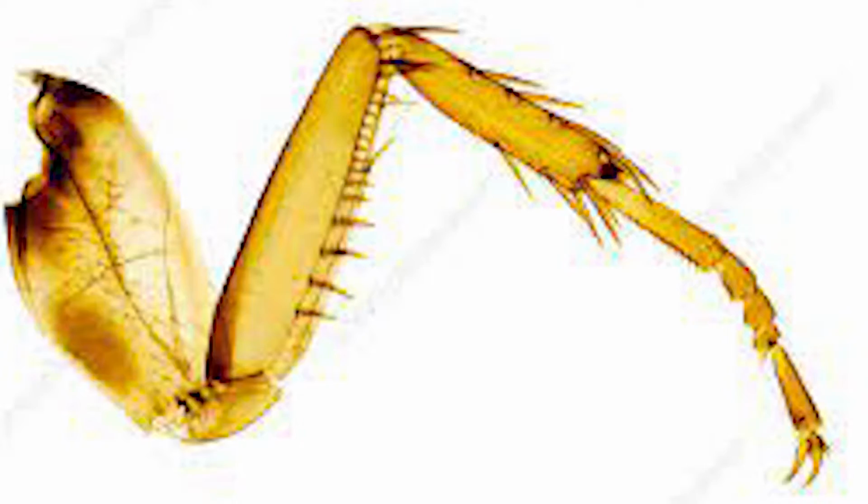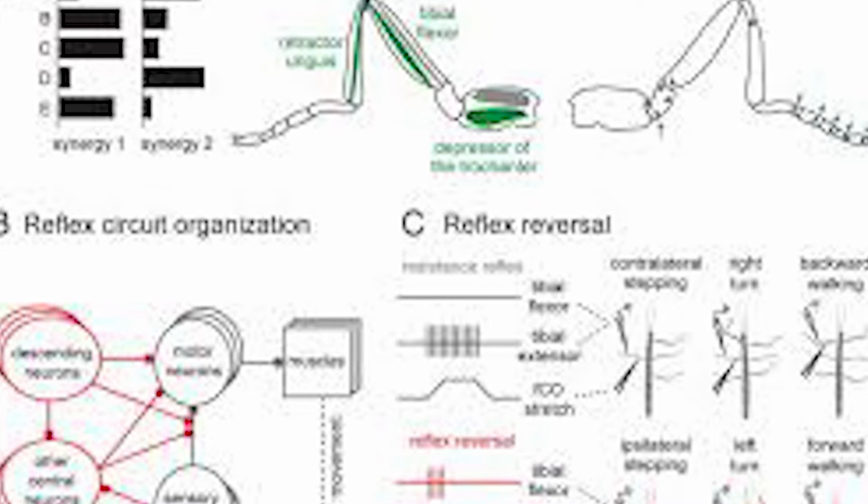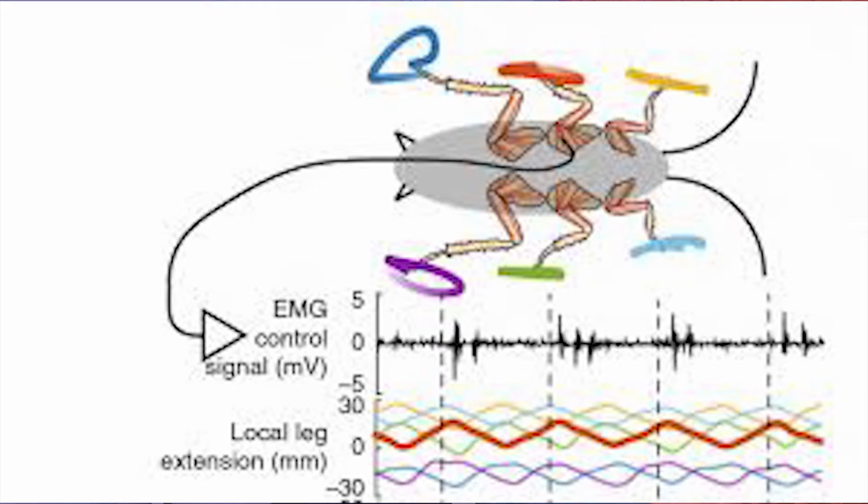So we are going to do the experiment on the cockroach leg. We know that in a cockroach and any insect there is a complete neural network through which they can move their legs and many other parts.